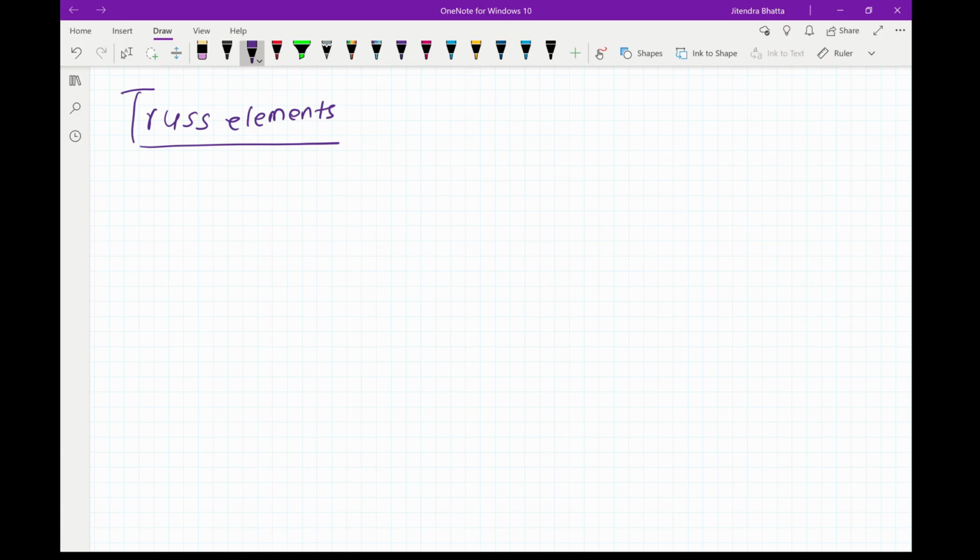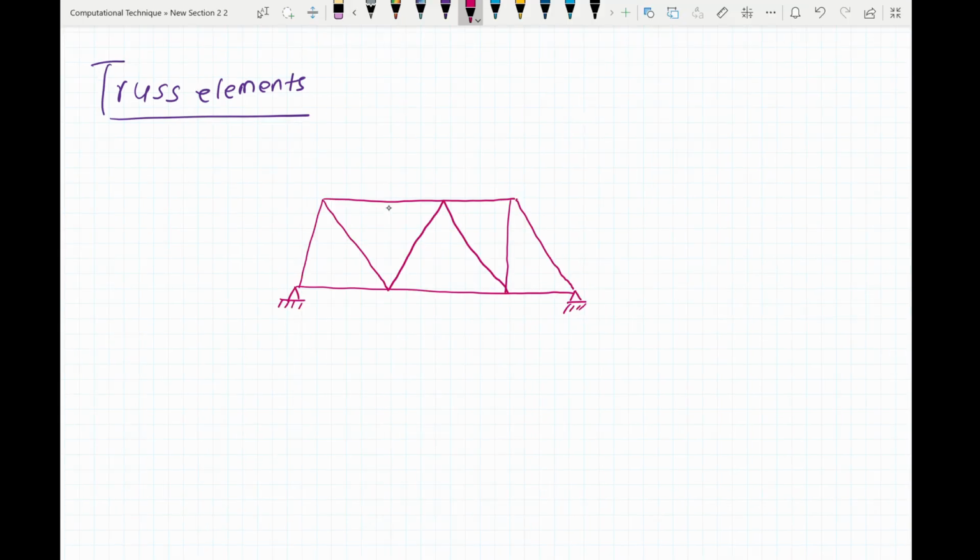or the vertical axis. For example, let's say we have a truss and we can label these nodes as, let's say this is A, this is B, C, and D. Now you can see here that each of these elements is oriented to the horizontal axis by a certain angle.